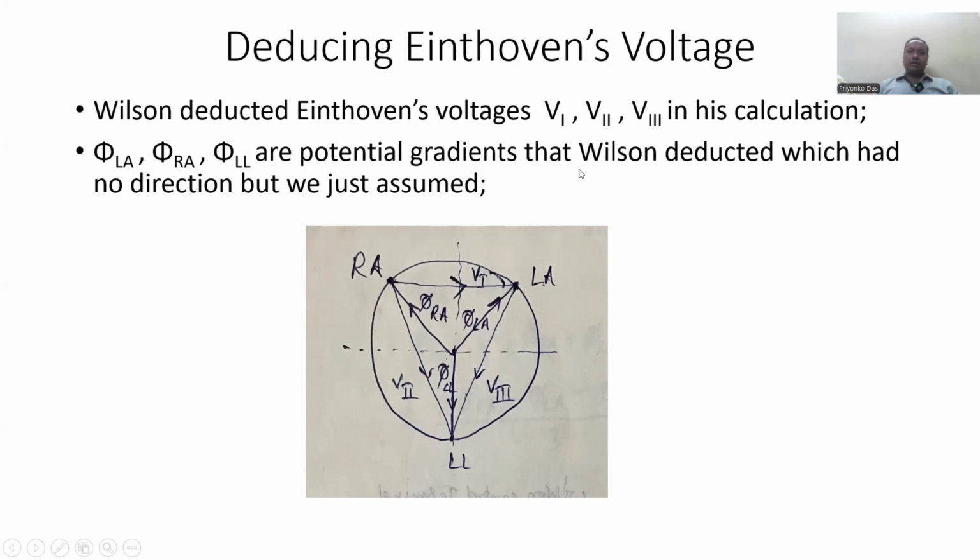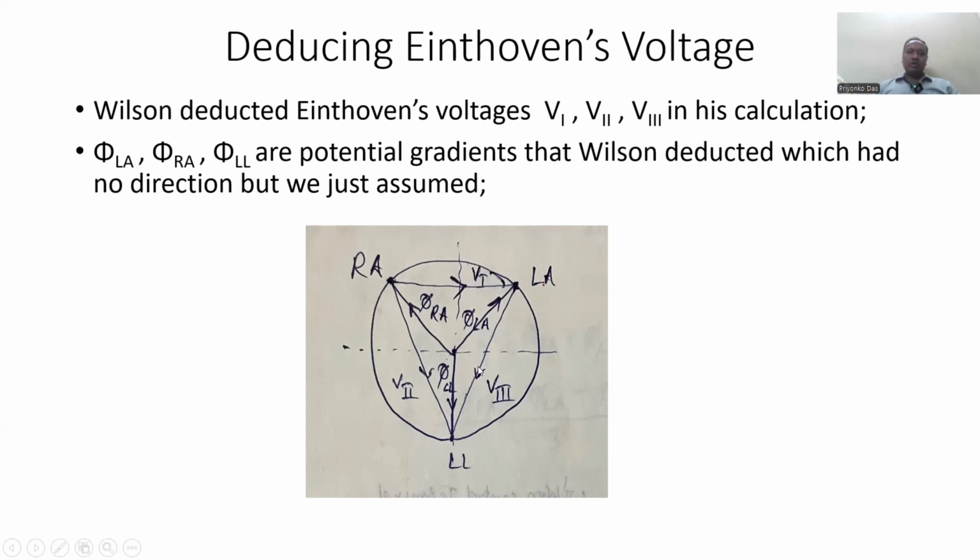These are the voltage gradients Wilson deduced, which had no direction, but we simply assume them like this. As per Einthoven, the directions were: V1 from right arm to left arm, V2 from right arm to left leg, and V3 from left arm to left leg.